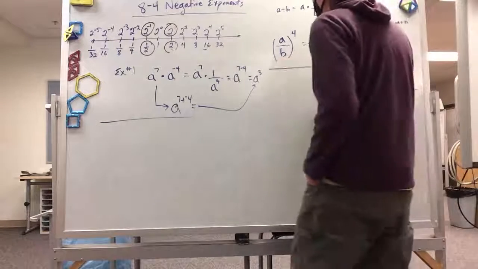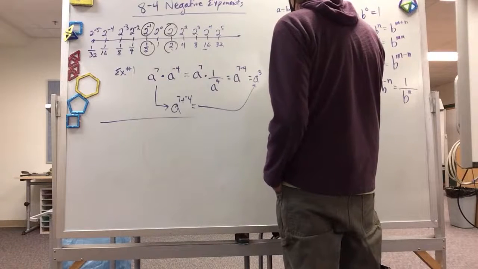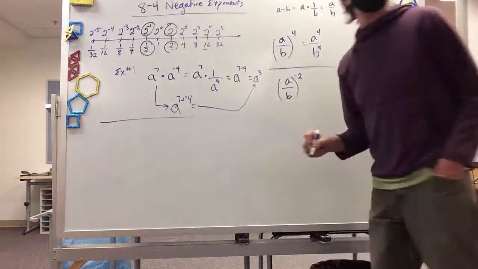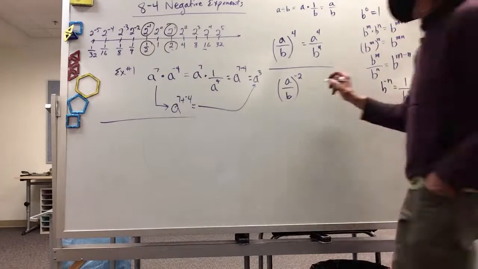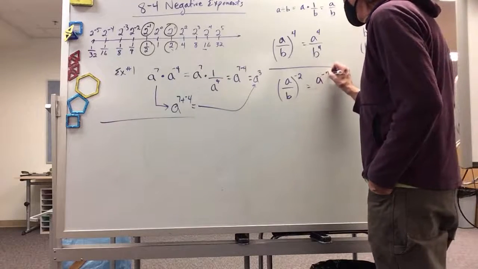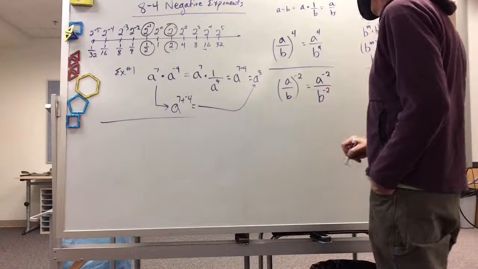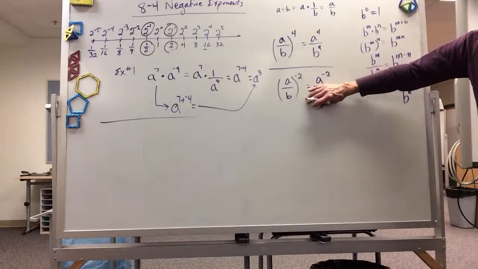Now, let's say we had something like this. We had a over b, but it was to the negative 2nd power. So now what you would have is a to the negative 2nd over b to the negative 2nd. What you do is you treat each of these as individual terms.